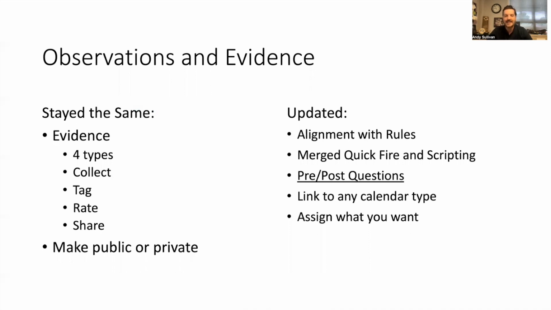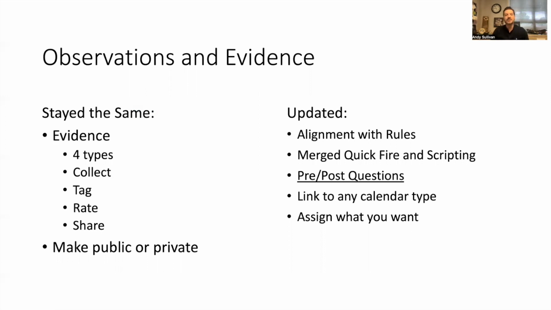What we updated is we updated our alignment with rules. So you will no longer see the words formal or informal observations. Those names or words are not in rules. So you will see the ability to create a direct observation, which means I can see the person I'm observing.